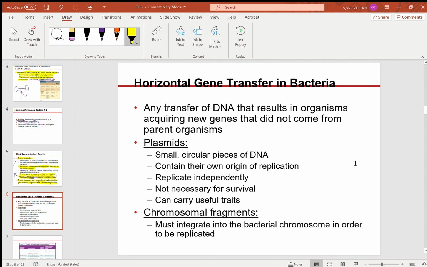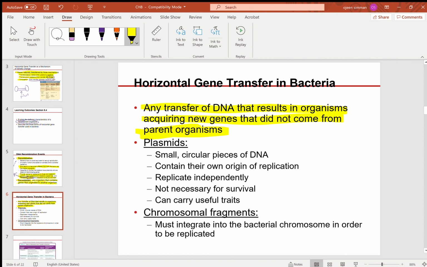Alright. So horizontal gene transfer in bacteria is any transfer of DNA that results in organisms acquiring new genes that did not come from the parent organism, which is vertical transmission.